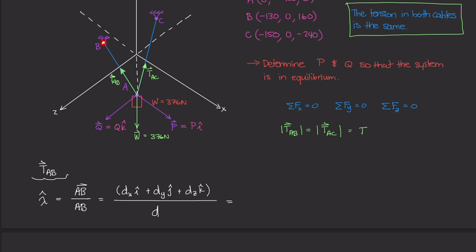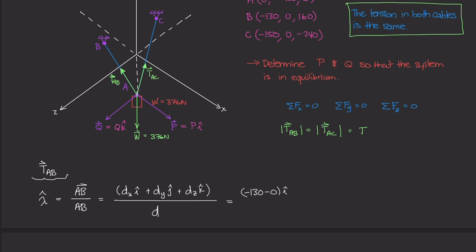Now, the x-coordinate of point B is negative 130. And remember, dx is our ending minus our start. So our ending is negative 130, and our start is 0. So dx would simply be negative 130 minus 0 in the i direction.